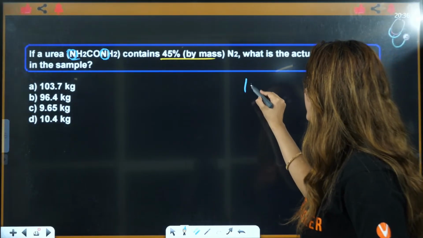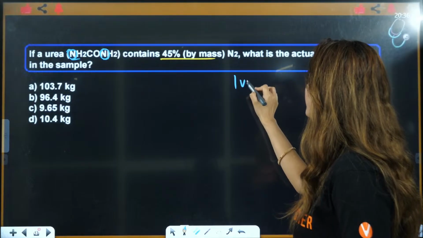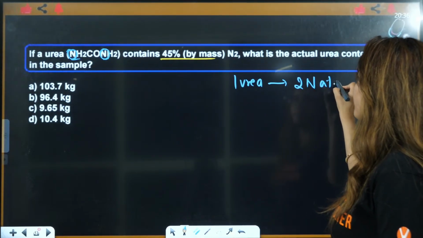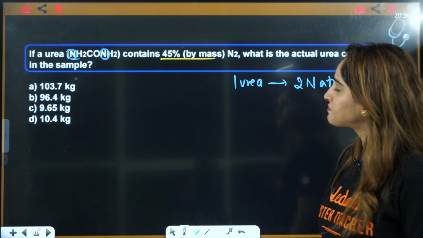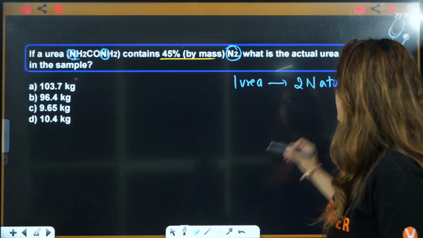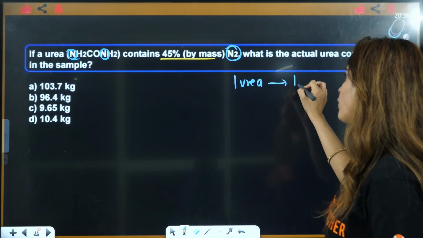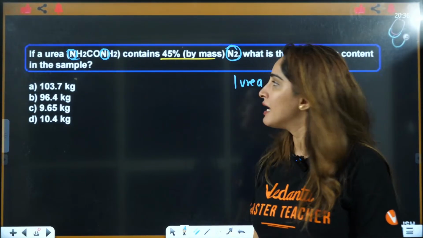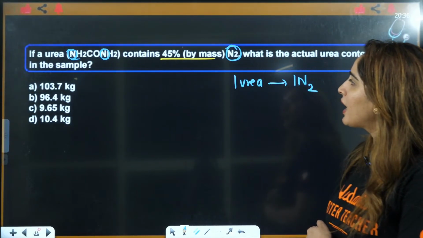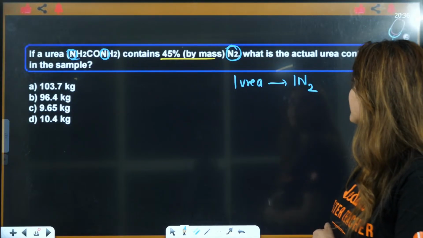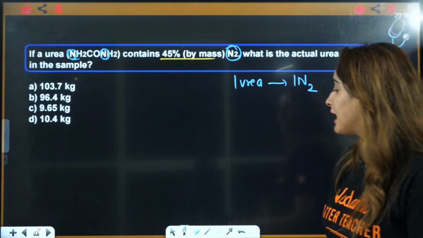One urea molecule has 2 nitrogen atoms. They are discussing N2 here, so in one molecule of urea you will have one N2 only. That means if urea contains 45% by mass N2, what is the actual urea content in the sample?